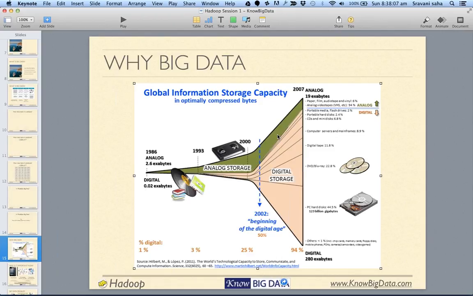But digital storage suddenly started expanding in 2002, meaning more and more people started storing their digital data, and the amount of expansion was humongous. It looks linear, but it is an exponential growth in the data.